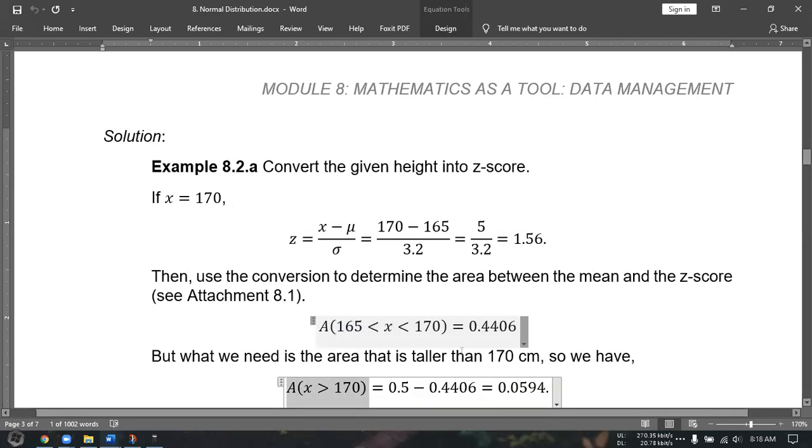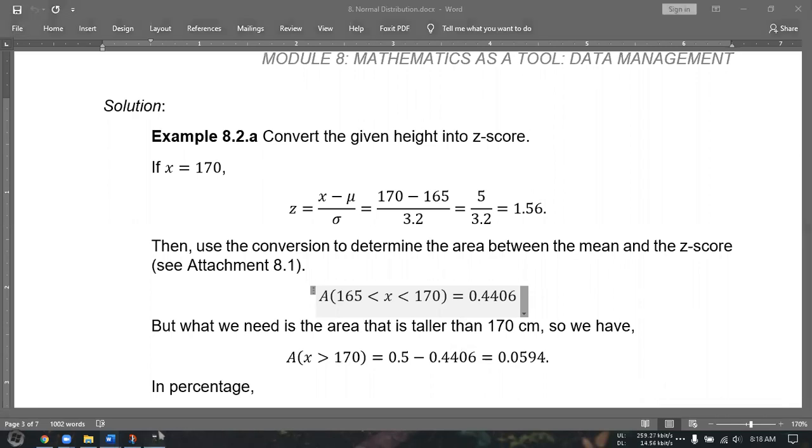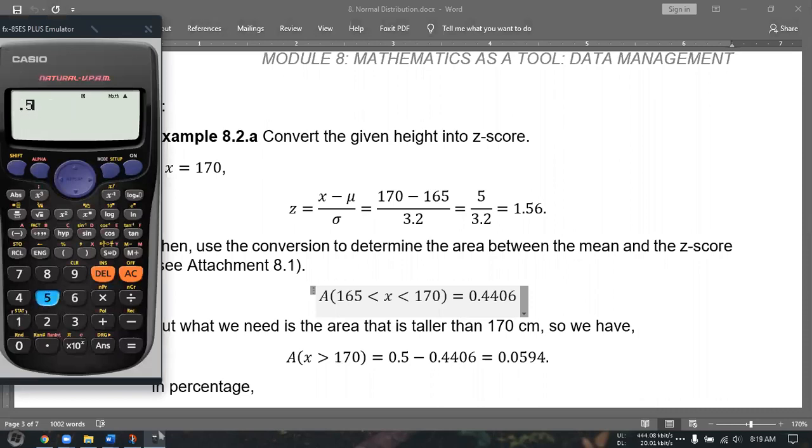Greater than 170. So that would give us 0.0594. Let's verify that. 0.5 minus 0.4406.